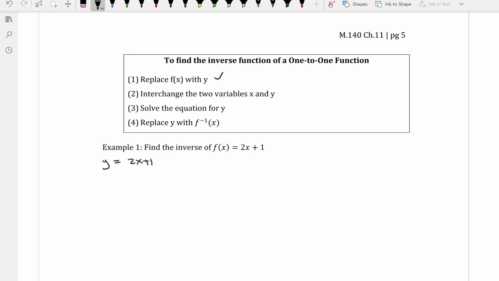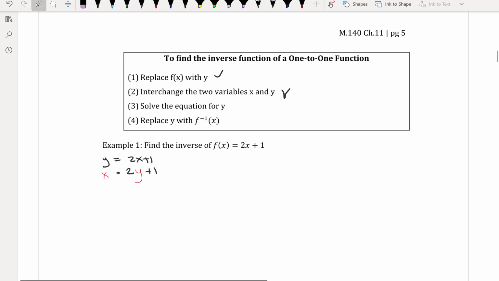Then it says to switch the x and y variable. Okay, so now this is going to be x because I'm switching it. And now that's going to be a y plus 1. So I switch the x and the y. Now I want to solve for the y equation. So get the y by itself. So okay, I'm going to subtract 1 from both sides so that I can get x minus 1 is equal to 2y.